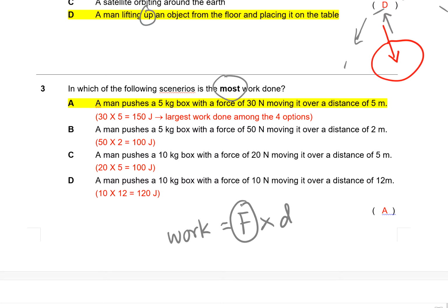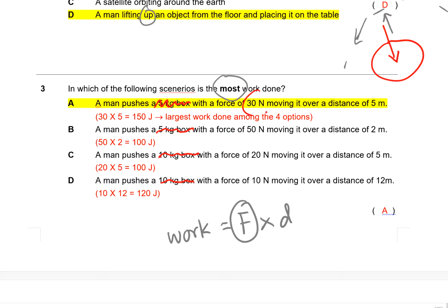So therefore, you find that nowhere in this equation you need to know how much the object weighs or what is the mass of the object. You don't need to know. You only need to know how much force you're exerting on the object. So therefore, this information on the mass is not required in your calculation.